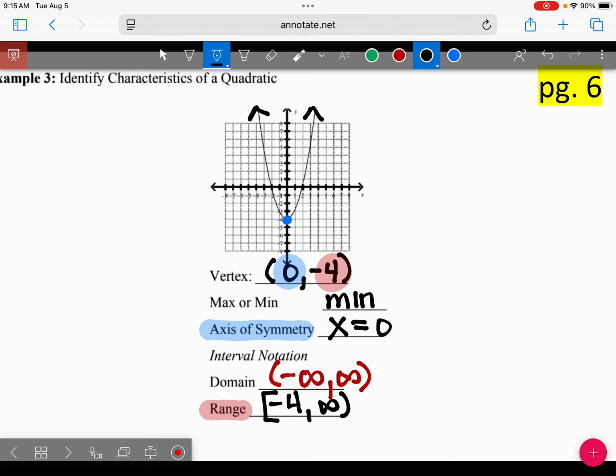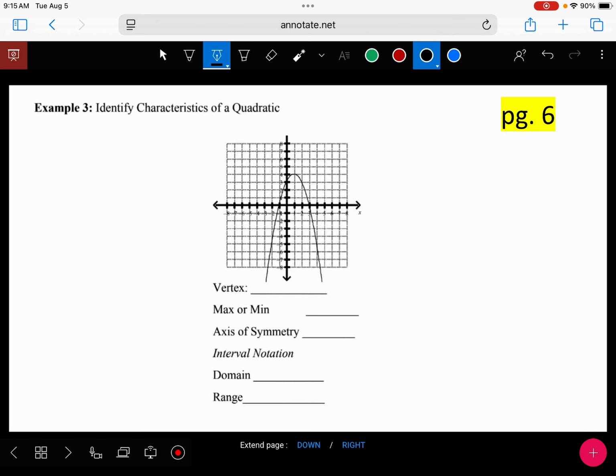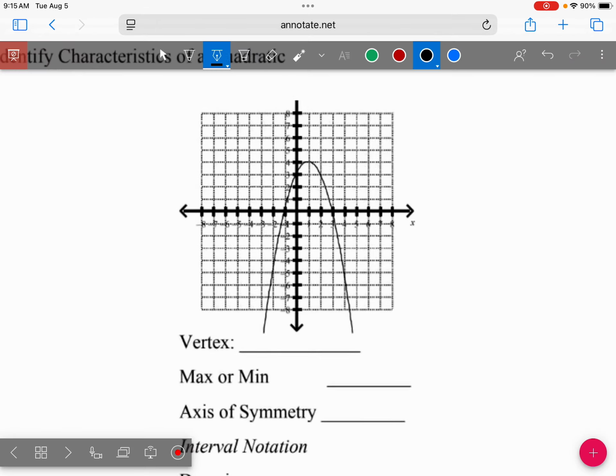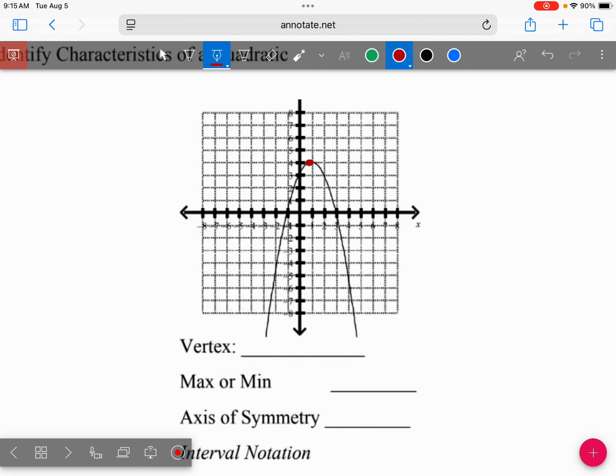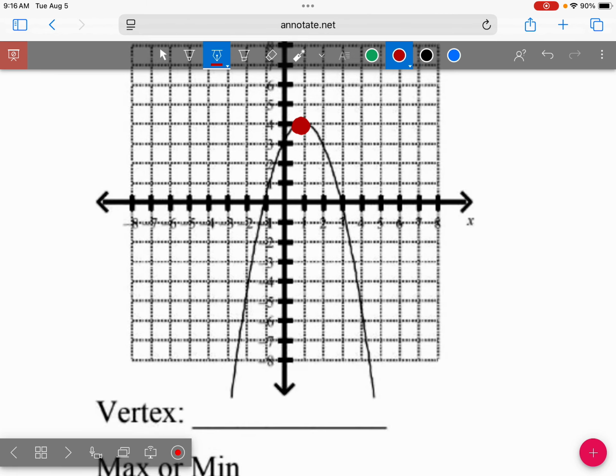All right, one more. So our vertex is right here. Jada, what would you say that point is where I put that red dot? 1, 4, yep.